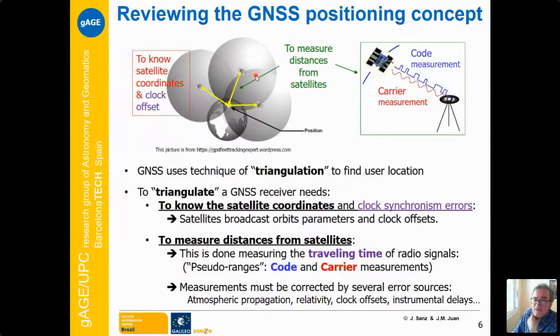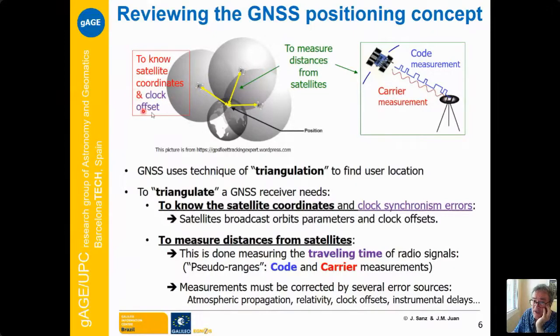Then we have to solve this triangulation problem where, in order to compute this user solution, to compute this intersection, we have to know first where the satellites are, where the centers of these spheres are.